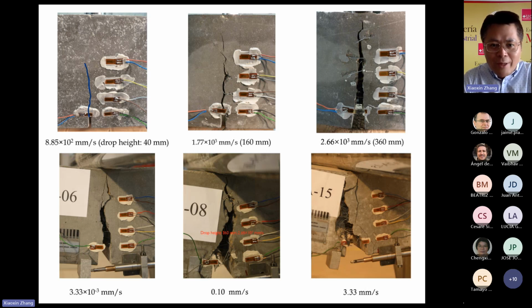We can consider the crack like a person. Under low loading rates, the crack has enough time to think about the crack path and can choose. But under impact loading conditions, the crack doesn't have enough time to think.